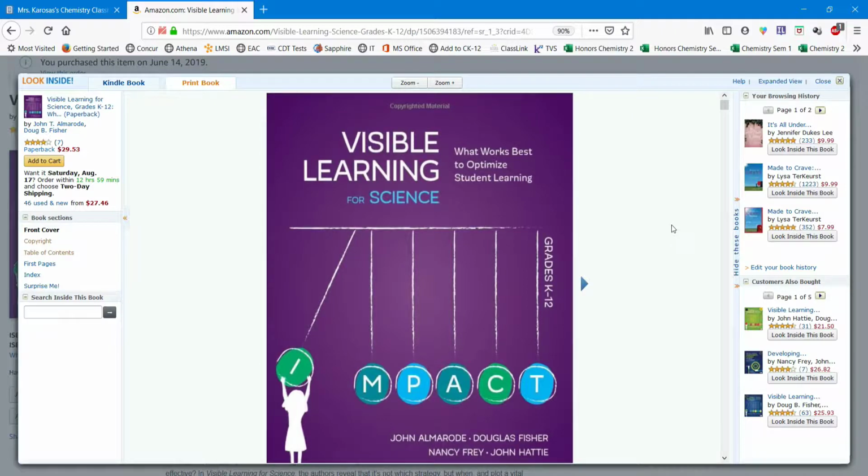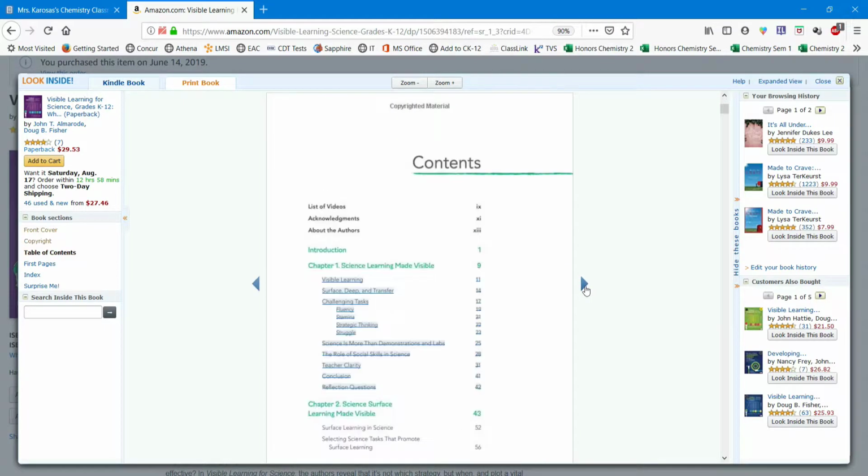For me, it tied a whole bunch of things together between Bloom and DOK, and specifically what my job is that nobody ever told me. So I love it. It's really just visible learning as a principle, and then they make more money by writing a book for science. They also have a book for writing and math and whatever.